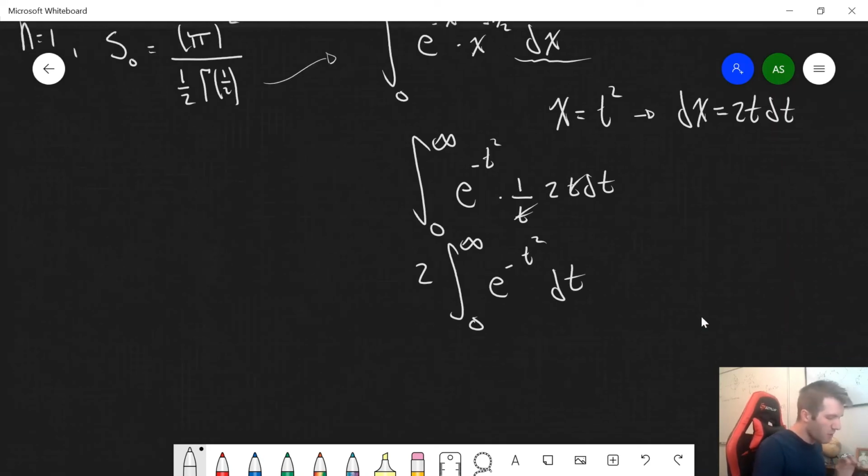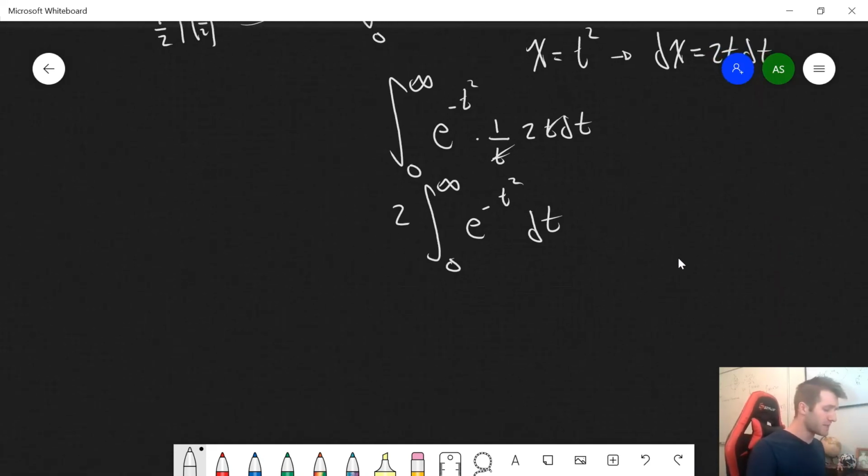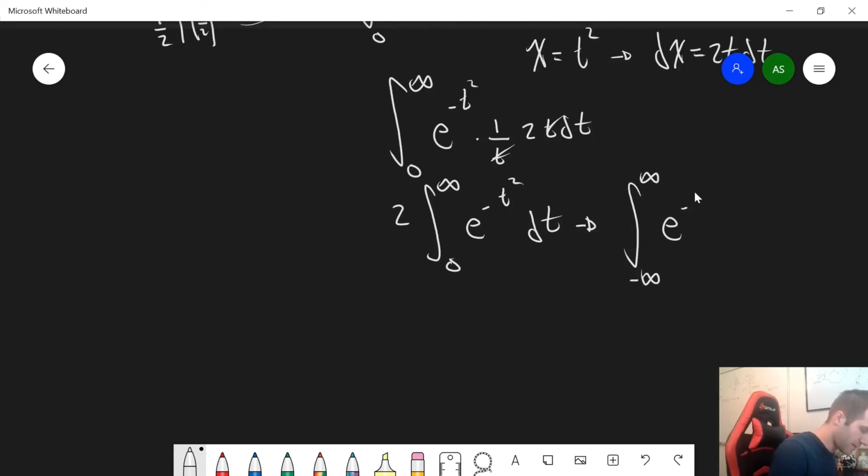Well, this looks almost like our Gaussian integral, but once again, we need to adjust our boundary limits. Since we are multiplying this function by 2, we are just going to have our Gaussian integral from negative infinity to infinity of e raised to the negative t squared dt. Okay, so this, we know, is just the square root of pi.